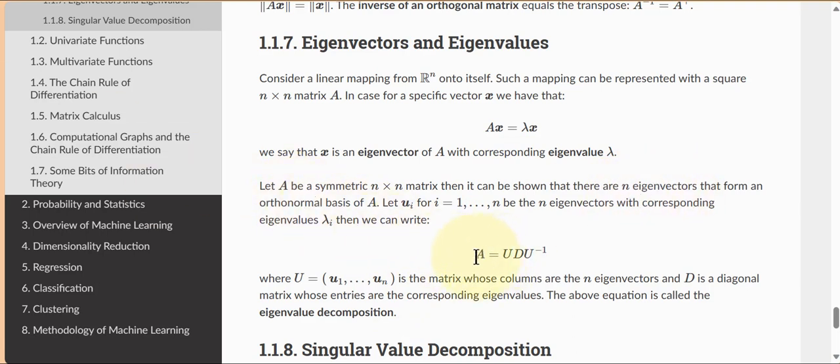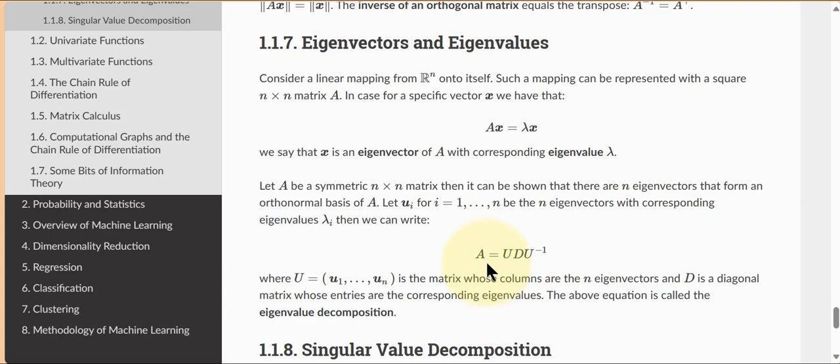Okay, so it turns out that A then can be written as U times D. I forgot to say what D is. We said that there are all these eigenvalues. For each eigenvector, there's an eigenvalue. And we make another matrix, which we call D, which has these eigenvalues down the diagonal. So D is a diagonal matrix whose entries are the corresponding eigenvalues.